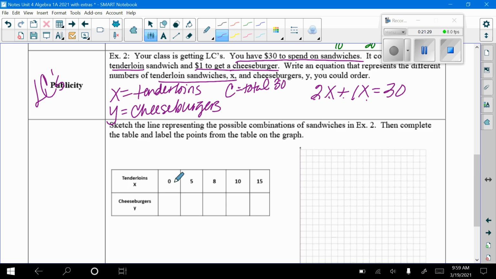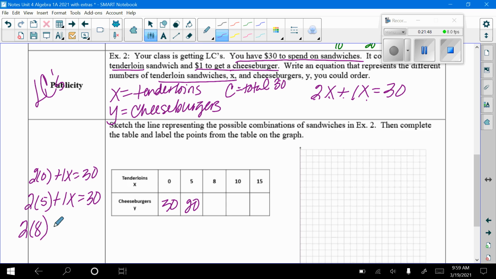So if I have 0, I would say 2 times 0 plus 1x equals 30. That's going to give me 30. 2 times 5 is 10. Take off 10, that's going to give me 20. 2 times 8, that's 16 plus x equals 30.